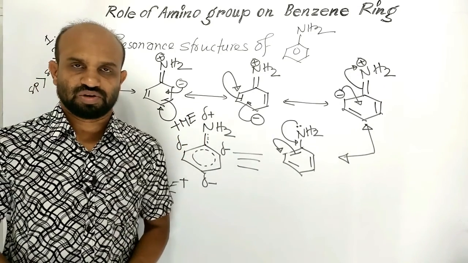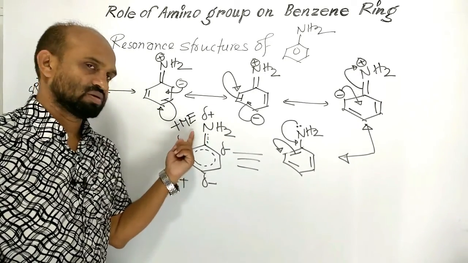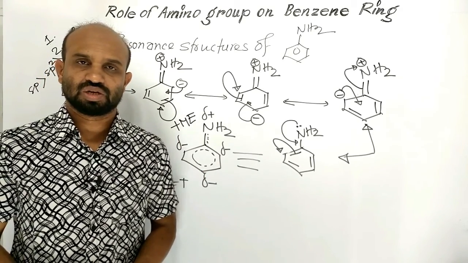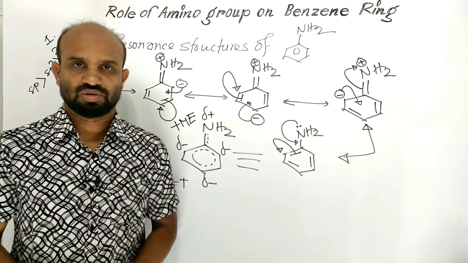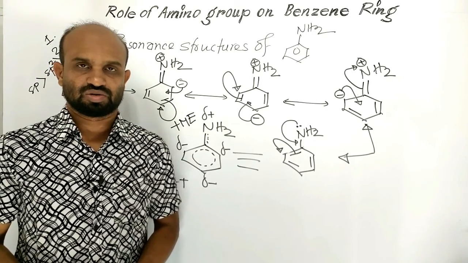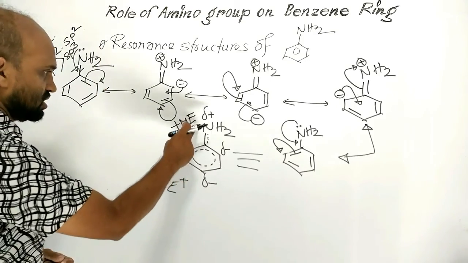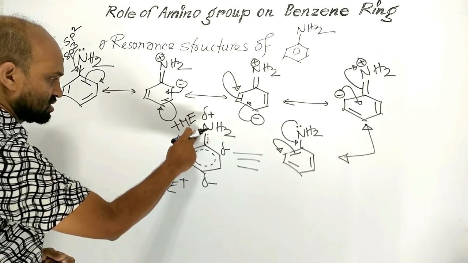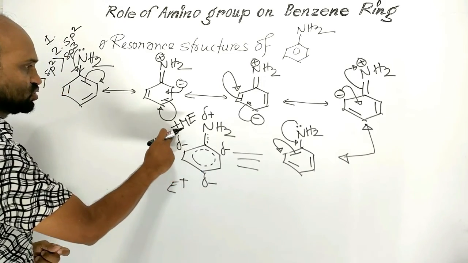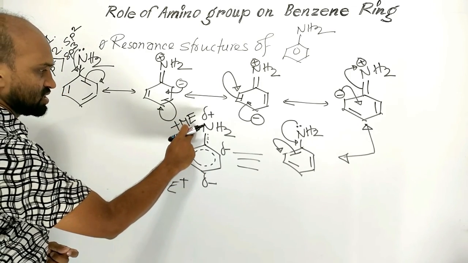The mesomeric effect involves lone pair of electrons and pi bonding electrons, but the inductive effect involves sigma bonding electrons. So here the amino group increases electron density in the benzene ring through positive mesomeric effect.